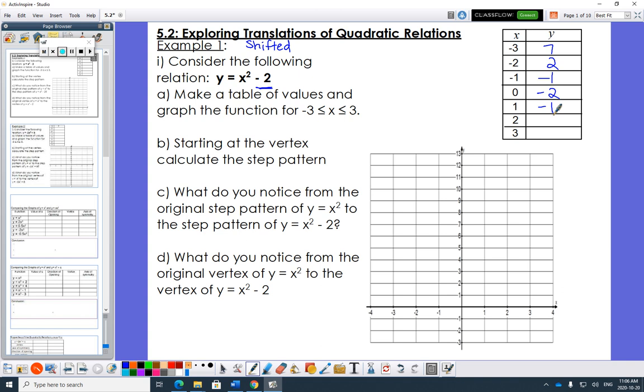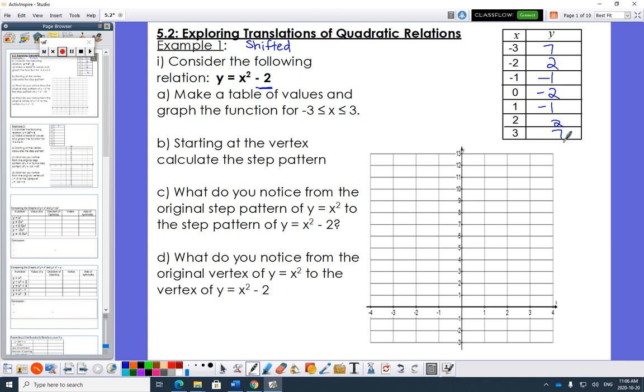So again, we're going to see the symmetry. 2 squared is 4 minus 2 is 2. 3 squared is 9 minus 2 is 7. Okay, so we have made our table of values.